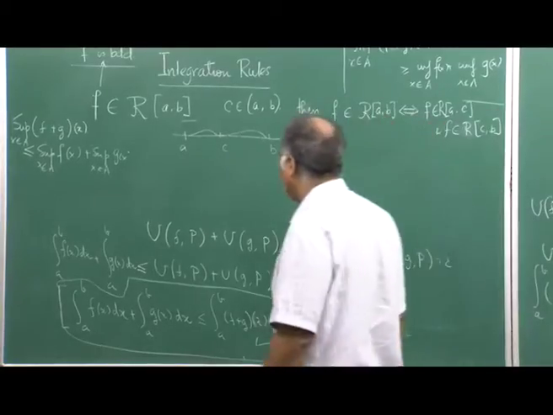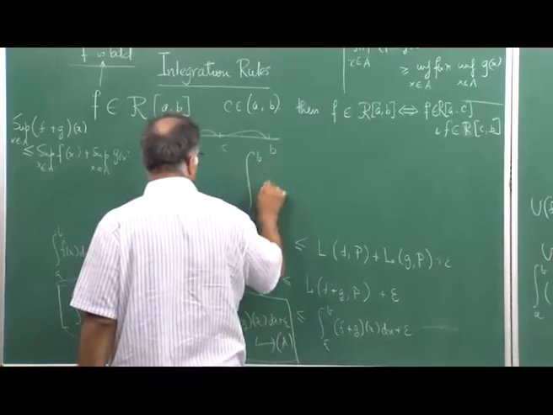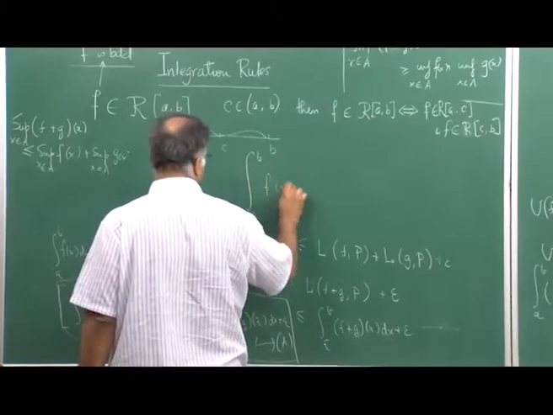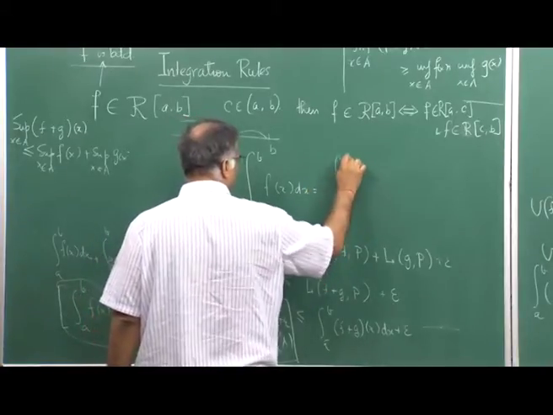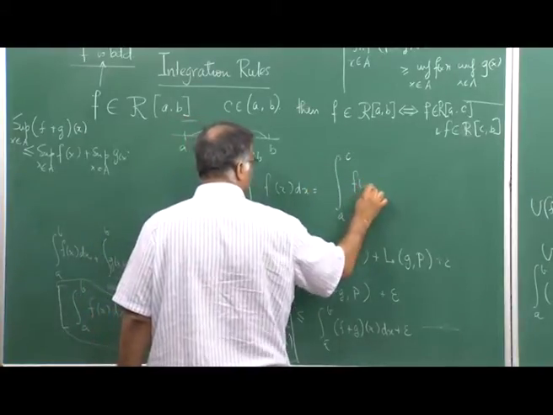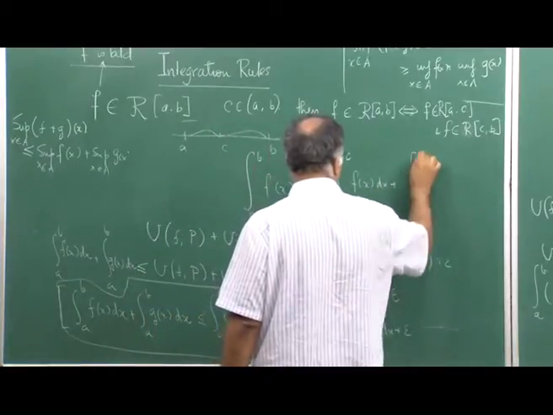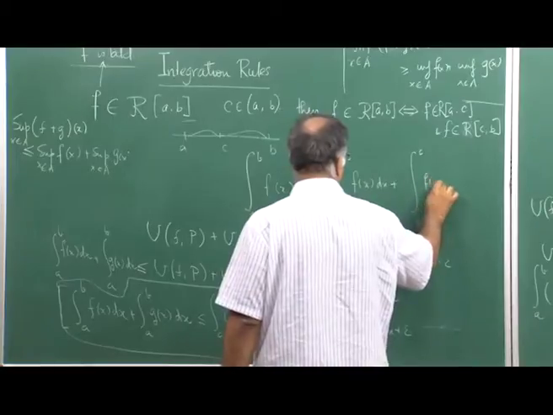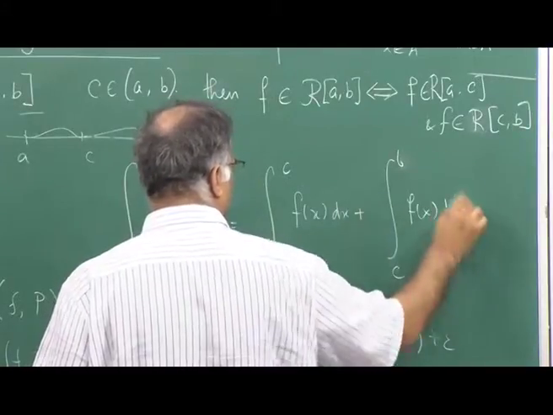and in that case you can actually show that the integral from A to B of f(x) dx is equal to the integral from A to C of f(x) dx plus the integral from C to B of f(x) dx.